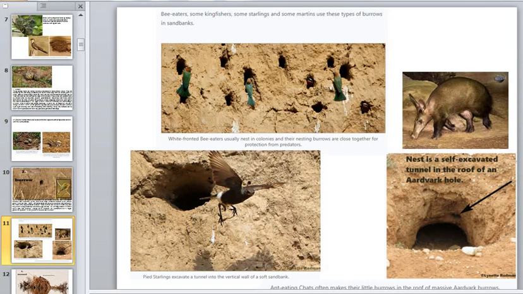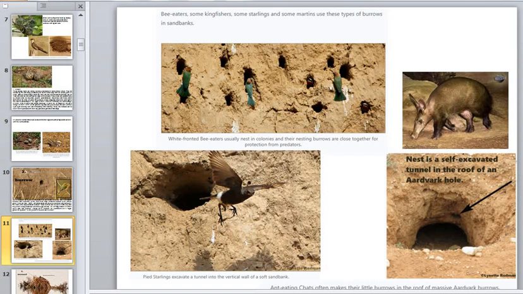Ant-eating chats are known to build their long burrows in the roofs of the large aardvark burrows. These burrows can be over a meter long, ending in a large chamber where the eggs are laid. The nesting chamber is often lined with soft material.